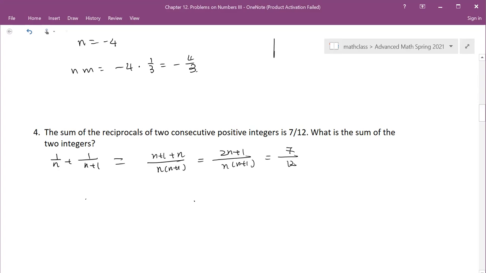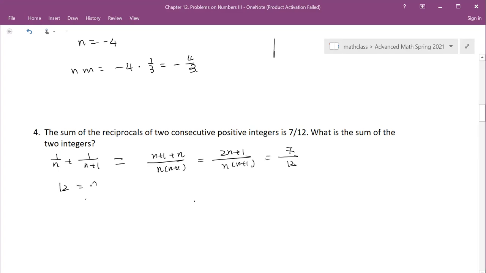Now, we can guess and try. The reason is, suppose this is not simplified, just equal. You get a fraction for some n, and you cannot simplify, so the denominator is a product of two consecutive integers, and clearly 12.